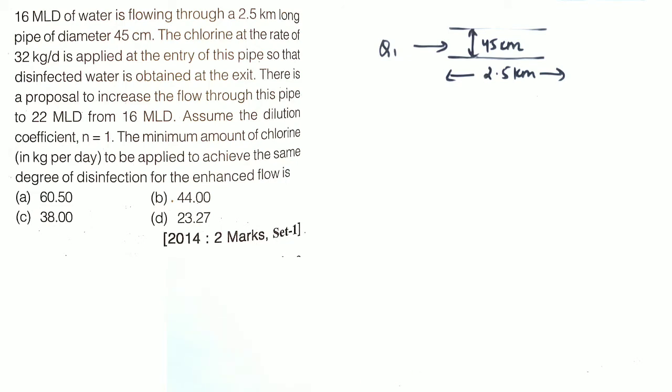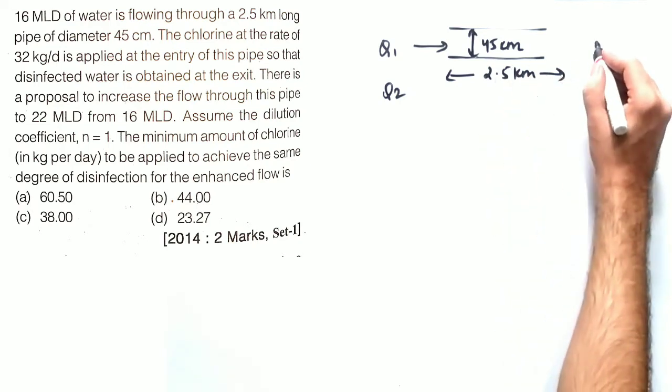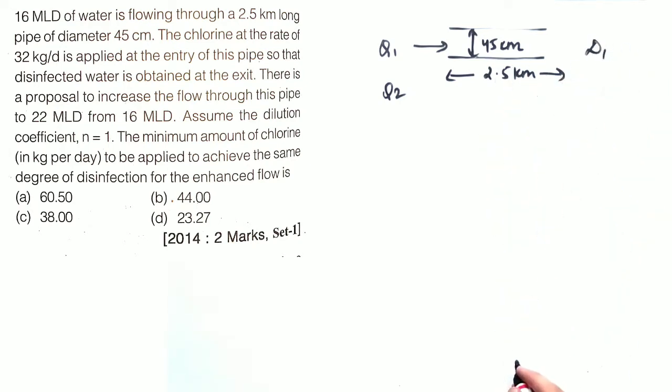Later on there is a recommendation to increase the discharge to Q2. Initially there was some chlorine application to the complete water flowing through the pipe. So dosage D1, an amount of chlorine, was applied in terms of kilogram per day.